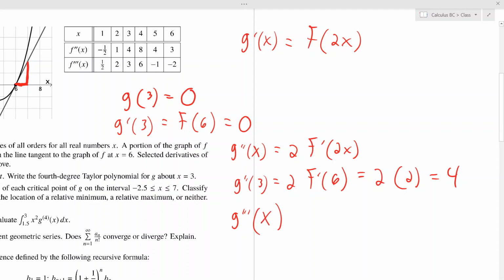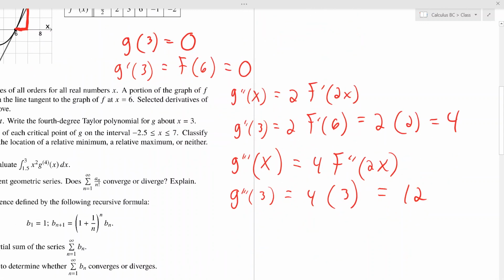So g triple prime of x is 4 f double prime of 2x, right? Which means g triple prime at 3 is 4 times f double prime of 6, which is a 3. So that's a 12.